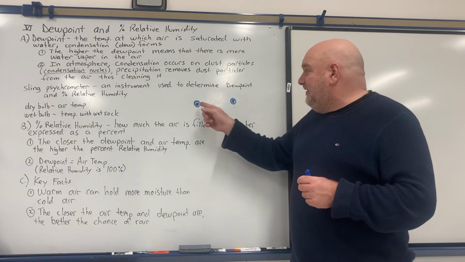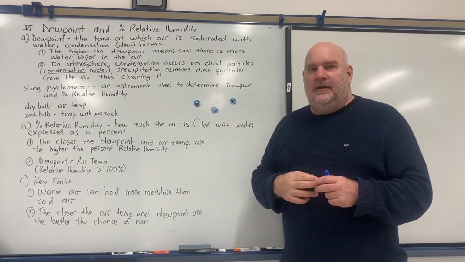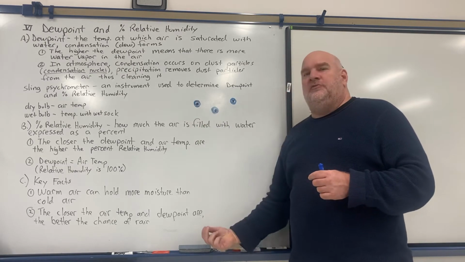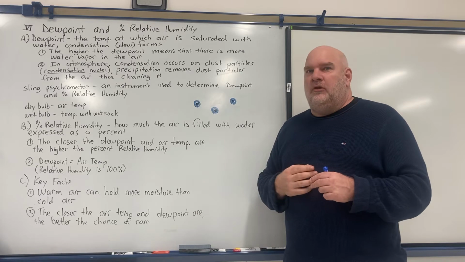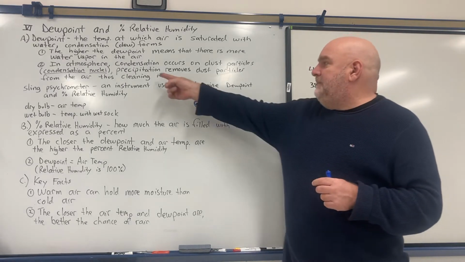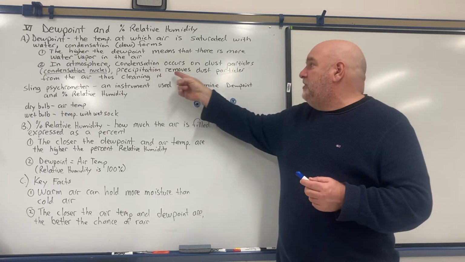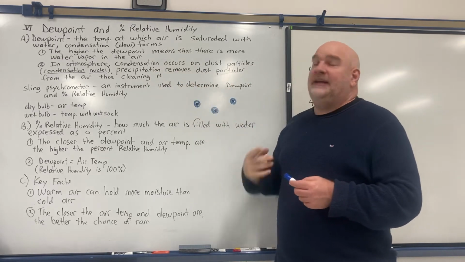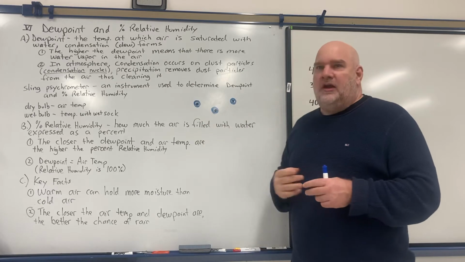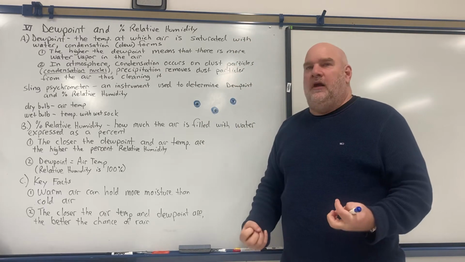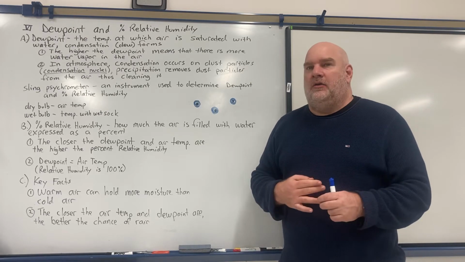Inside every single droplet is at least one dust particle, so when the droplet falls from the sky, it brings the dust particles down with it. So precipitation, like rain, snow, and sleet, removes dust particles from the air, cleaning it, because every raindrop has at least one dust particle in it.